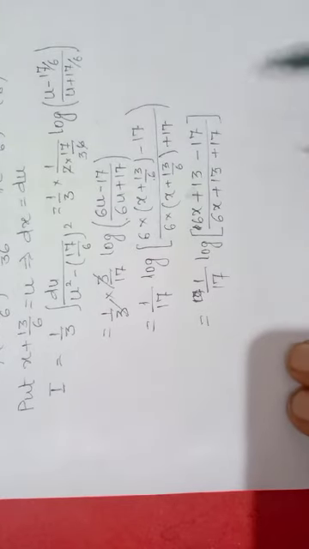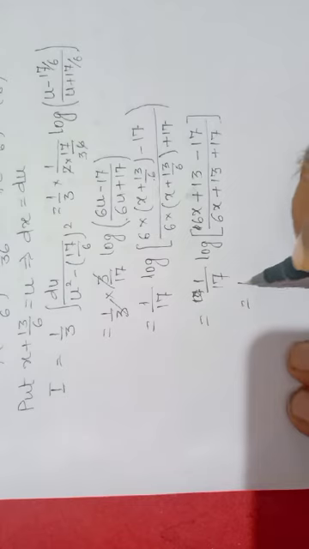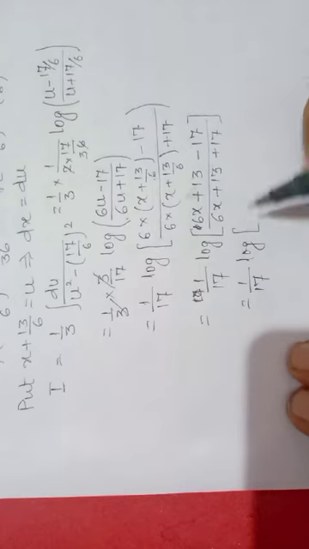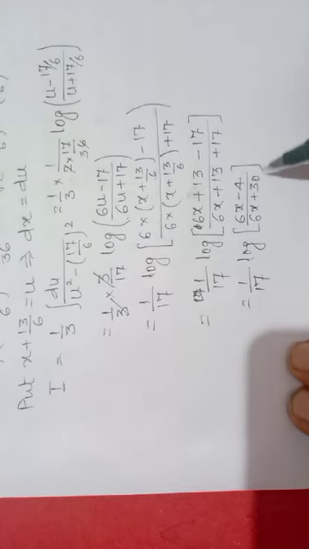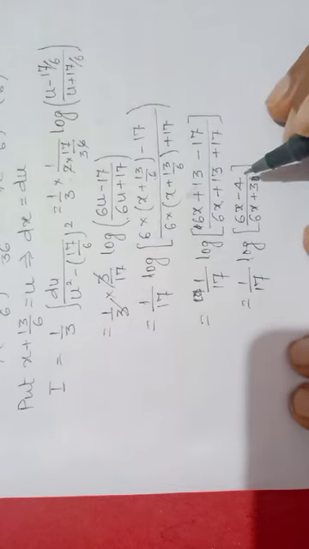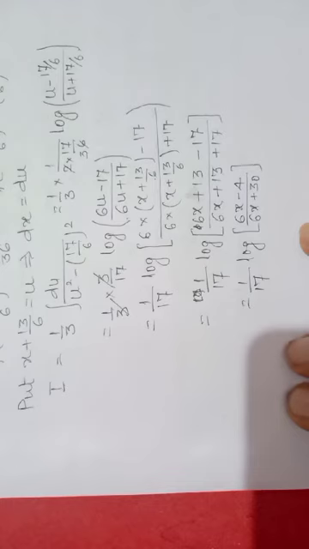integration. Simplify now. That is 1 by 17 log of (6x minus 4) upon (6x plus 30). Take out 2 as common in numerator and 2 as common in denominator.